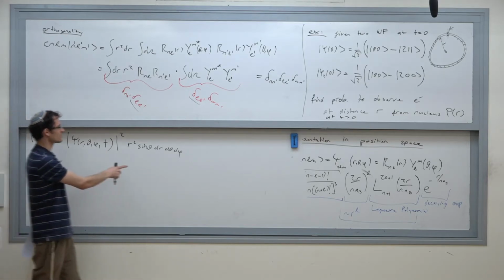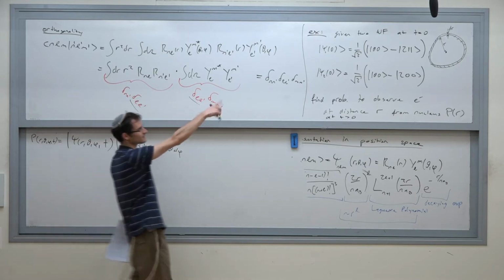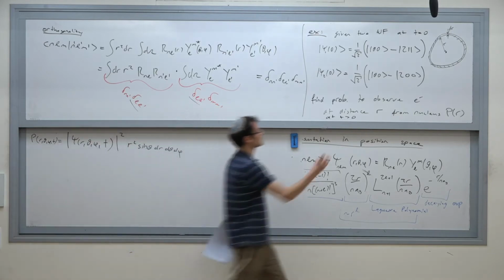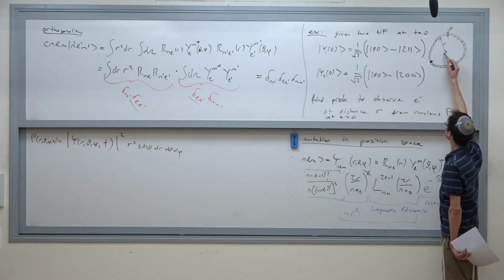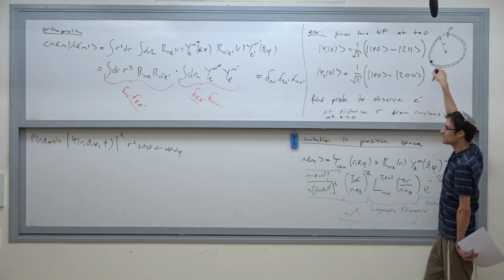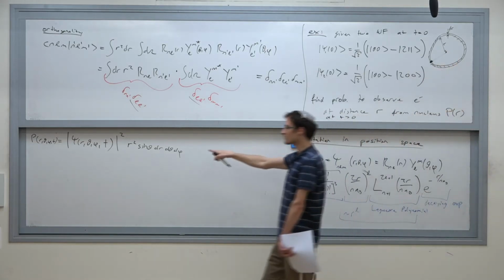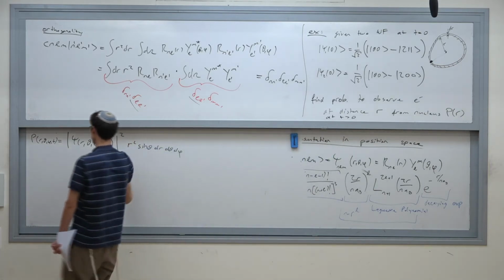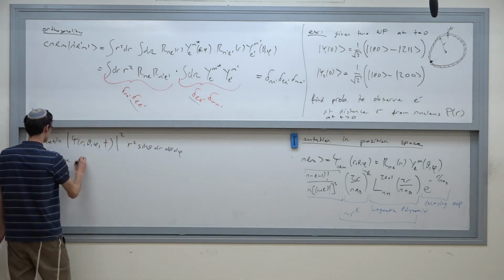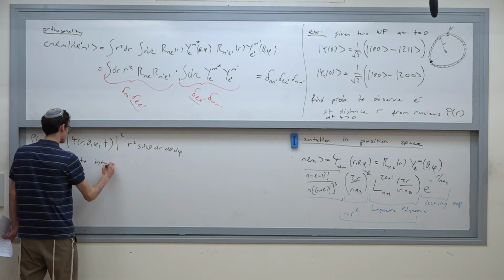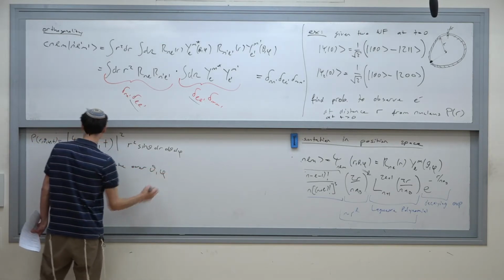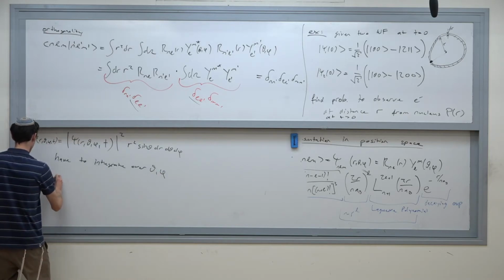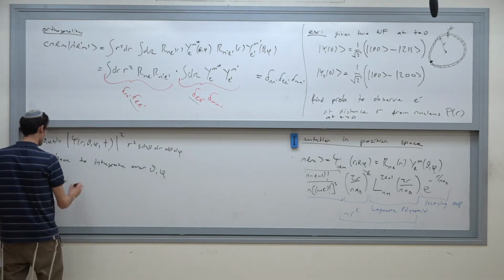This will not give us the probability to find it inside the shell. It will give us the probability to find it at some point, right? Because here there's an angle theta and angle phi. This is not what we're looking for. So what we have to do is integrate over all the angles. So P of r is what you get when you actually take the integral.